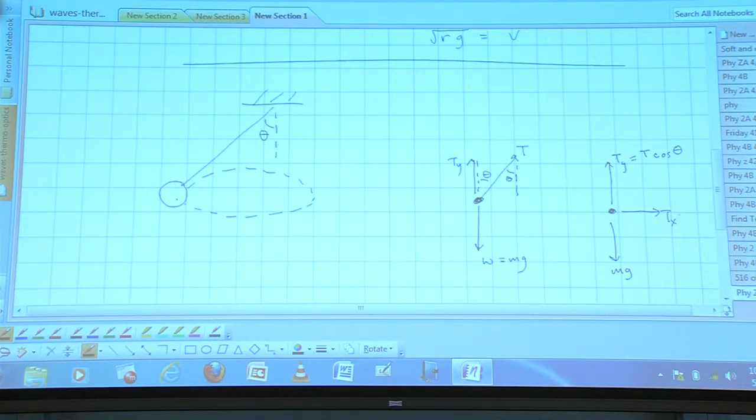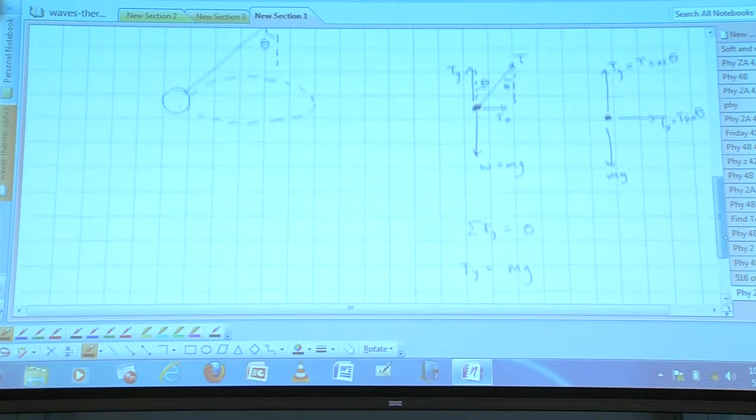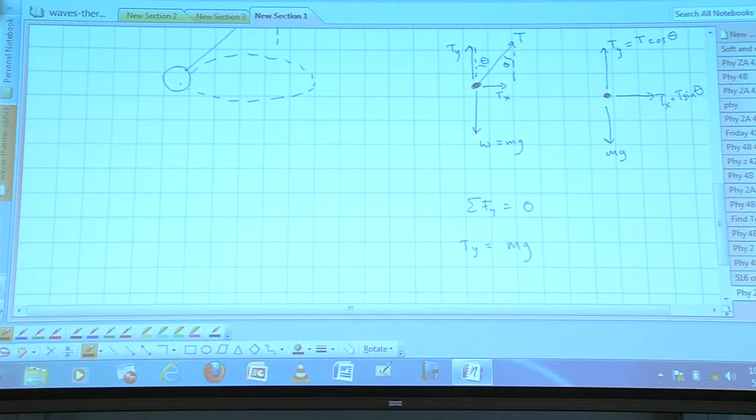And the x is going to be T times the sine of theta. That's going to be this side. Okay? So we've got T cosine theta equals mg. That we know from our y components because it's not moving up or down. Now let's look at the radial component.